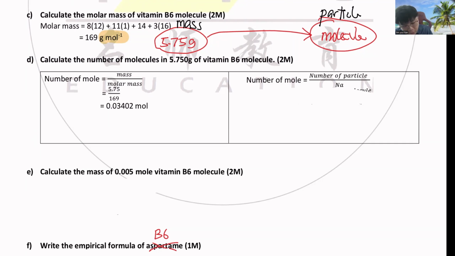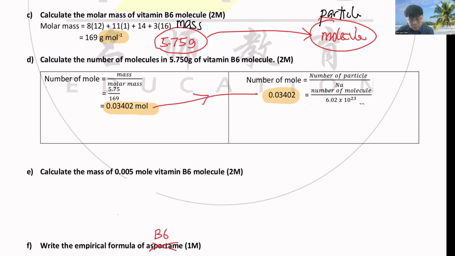I take 4 significant figures. 3 significant figures is also okay, but I take 4, because if you look at the number, it looks like 3 significant. So far you all can follow?